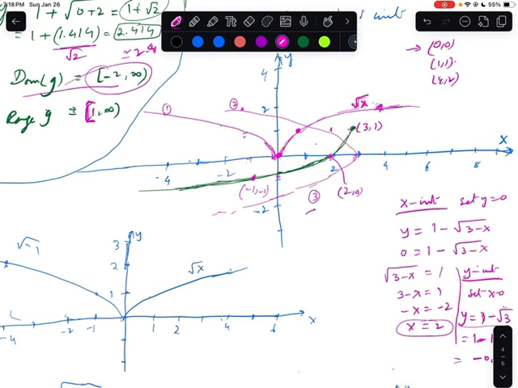If you look at the graph, the y-intercept is a little below negative 1. So negative 1 is here, and the graph passes through the y-axis a little below, approximately at 0.73. So this is how you graph these functions.